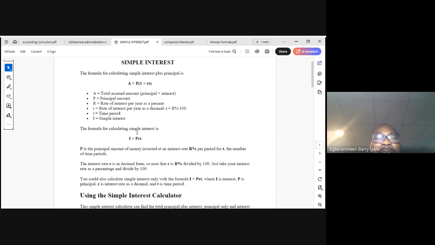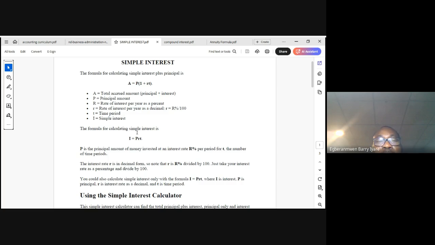So for simple interest, it is I equal to PRT. Remember the R, you have to divide by 100 to get the decimal form of it. Then the T, if it's not given in years, if it's given in months, divide by 12. If it's given in days, divide by 365. After doing that, just substitute into the formula and multiply everything together.